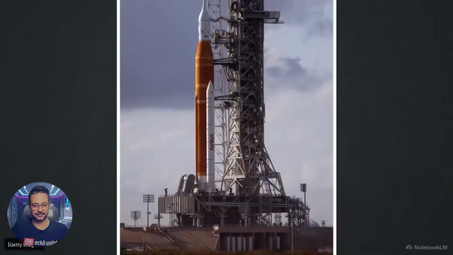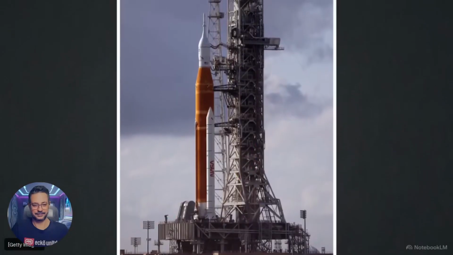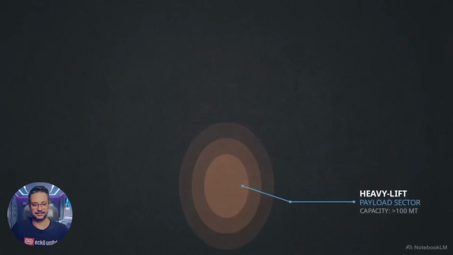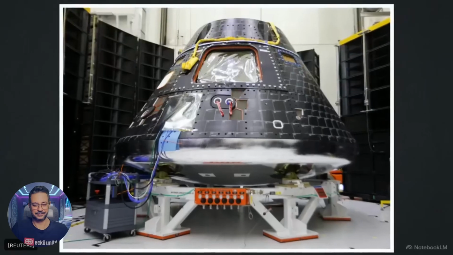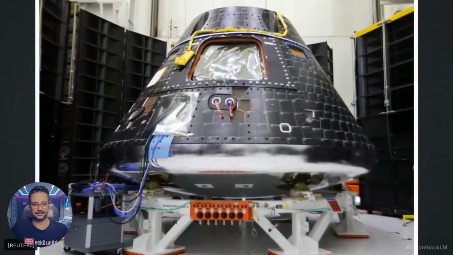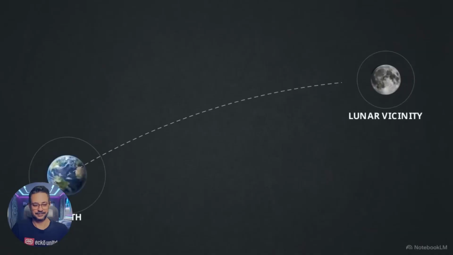The viability of this project begins with the Space Launch System, or SLS. This is the heavy lift rocket designed to launch the massive components needed to sustain a crew outside Earth's orbit. On top of the SLS travels the Orion, the vital command and habitat module. It's inside this structure that the astronauts will spend the 10 days of transit between Earth and the lunar vicinity.